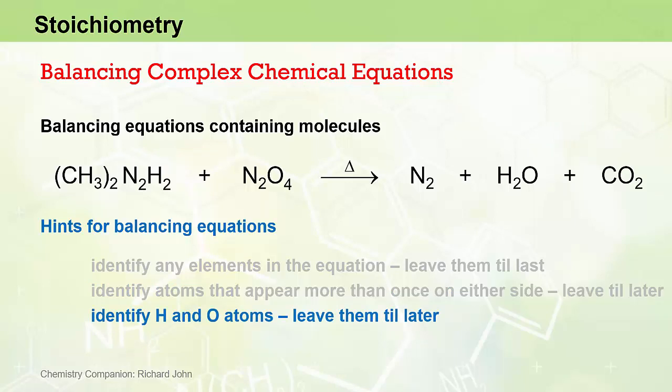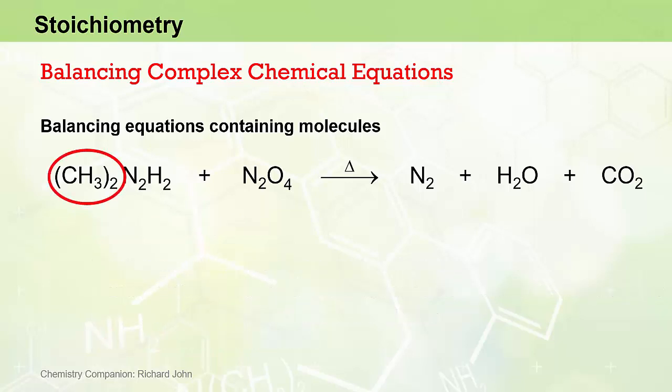And this is particularly the case if water, H2O, is involved in the chemical equation, since we will find it relatively easy to balance hydrogen and oxygen atoms by adding, or in some cases subtracting, water molecules. So in this example, it means we will balance the carbon atoms first, and the hydrogen atoms second.